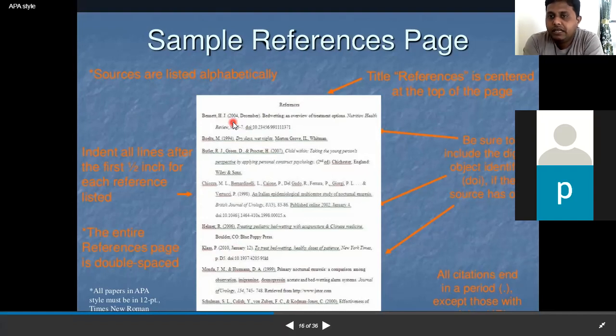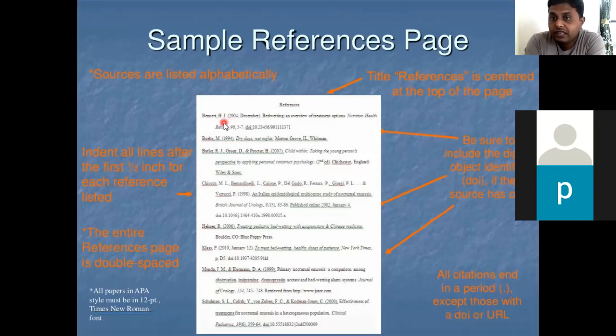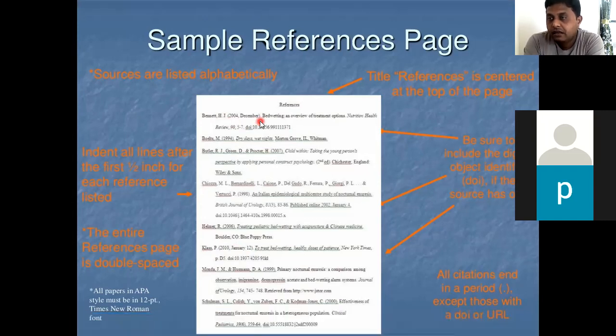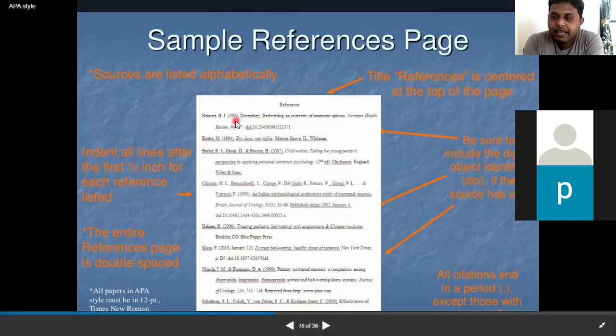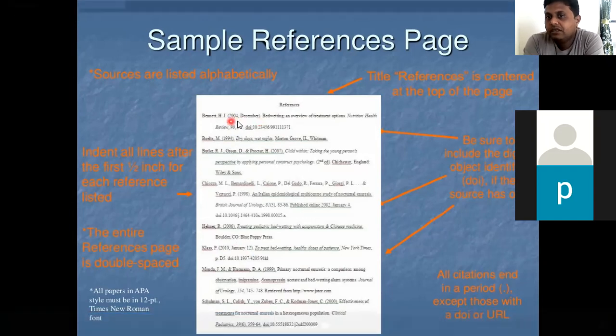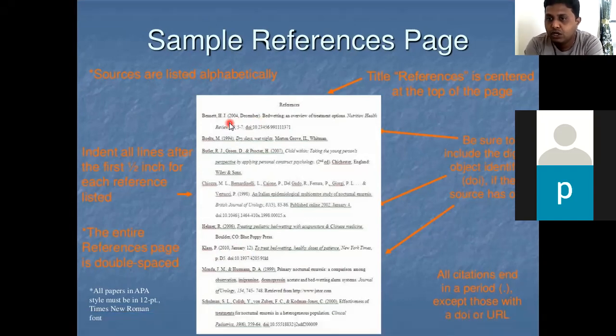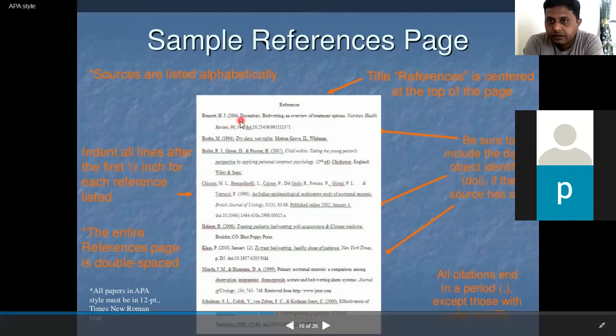The publication year is written within the bracket. That is another thing found in APA. In MLA, the publication year is not written within the bracket. Even brackets are not allowed in MLA. Brackets are used in APA style only. See, after the publication year, there comes a full stop.